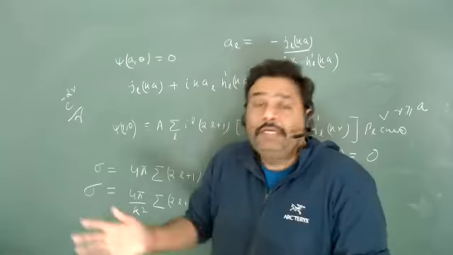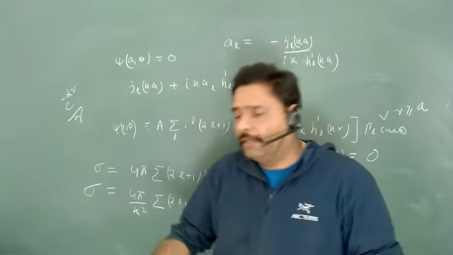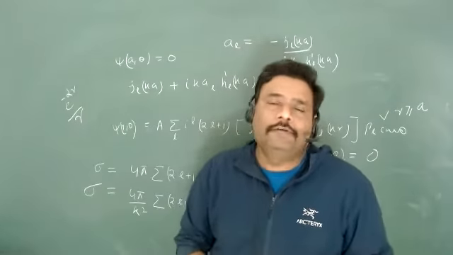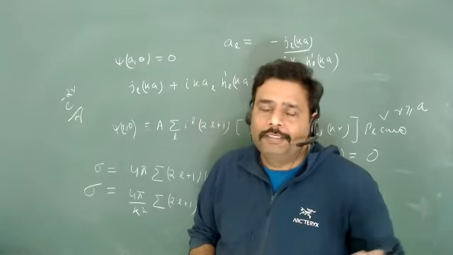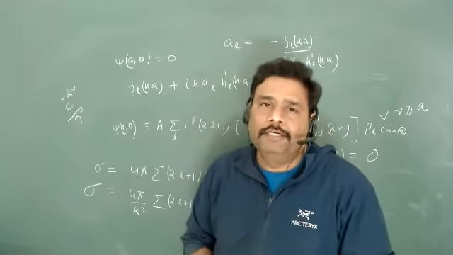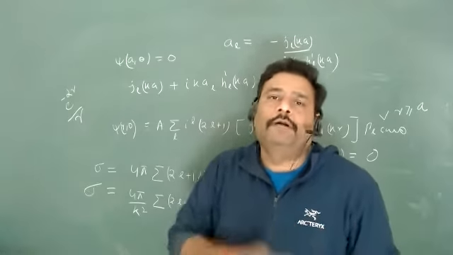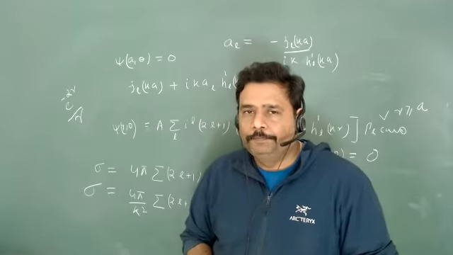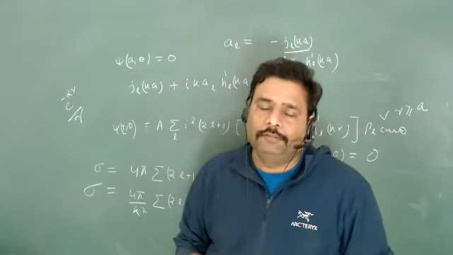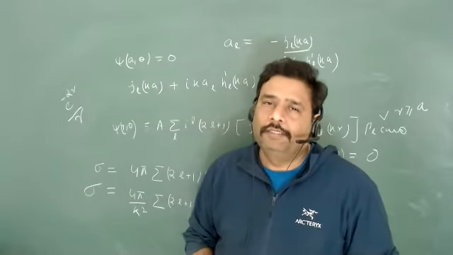We cannot go for a generalized solution for something like the Schrodinger wave equation. Even for the Schrodinger wave equation, we can only solve things up to the harmonic oscillator. After that, it is very difficult. So this is a real problem in quantum mechanics: how will you get the generalized solution? It is very difficult to get the generalized solution.